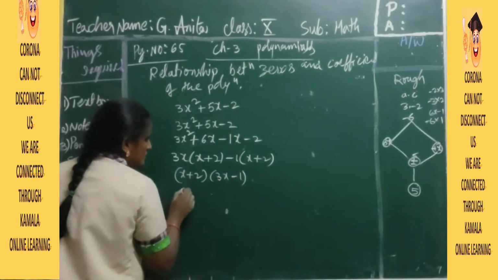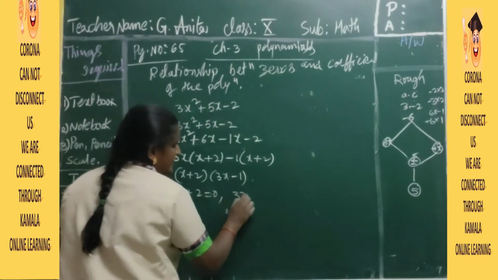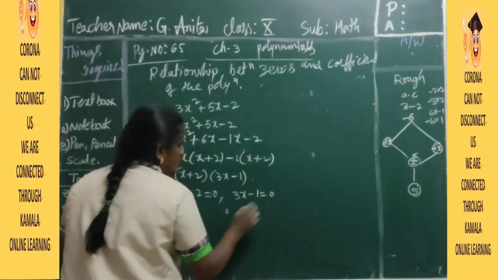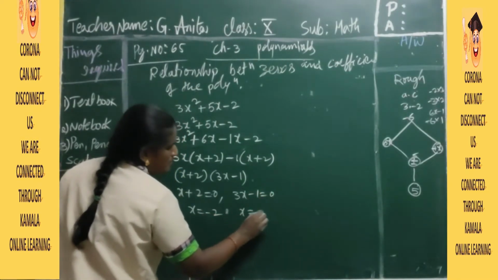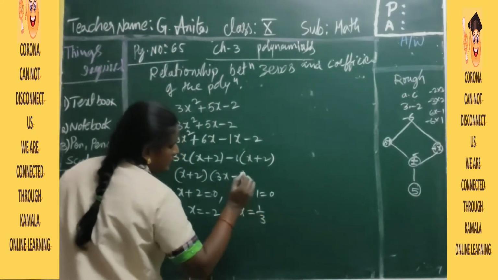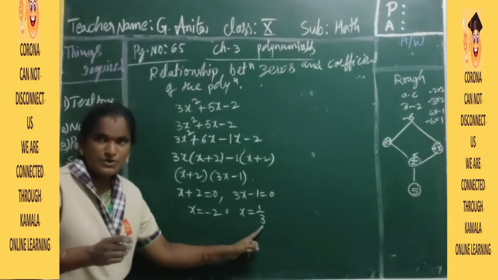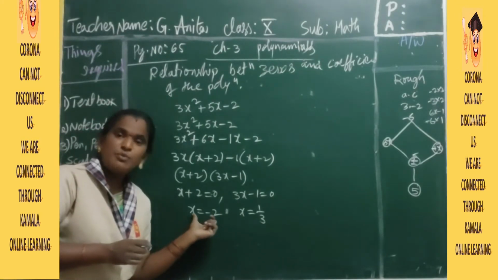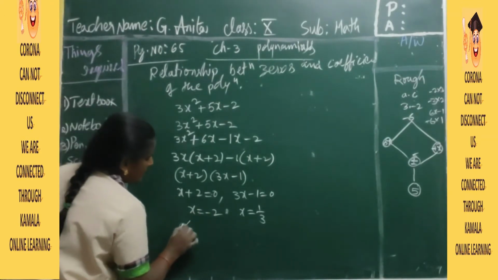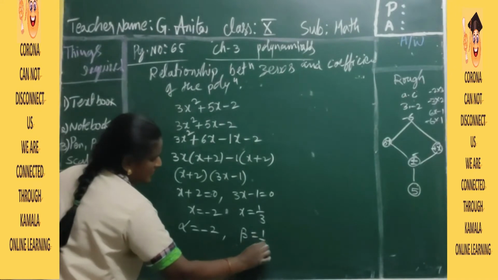So x plus 2 is equal to 0 and 3x minus 1 is equal to 0. Then x is equal to minus 2, and x is equal to plus 1 by 3. This 1 will go to this side and this 3 will come to the divider place. So what are the zeros of the polynomial? Alpha is equal to minus 2, beta is equal to 1 by 3.